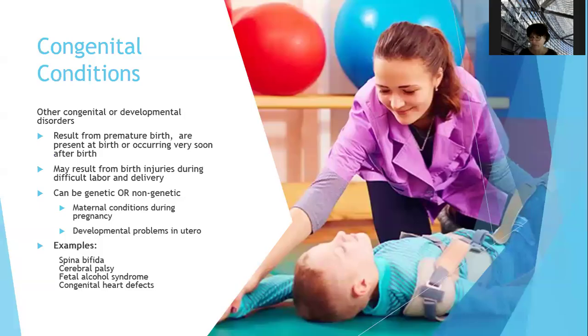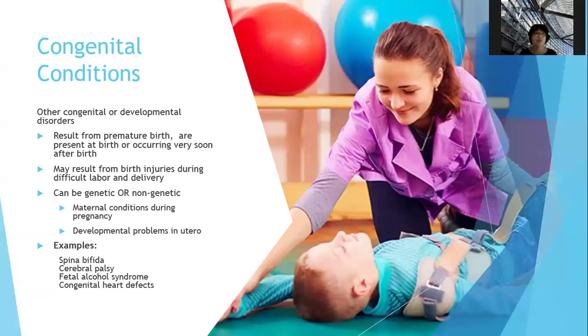So I worked with a patient who had CP, and he was one of a set of twins, and his twin was born first, and then he was deprived of oxygen while his twin was being born, and so he ended up with some congenital disorders because of that. So it can be genetic or non-genetic. In that case, it was non-genetic.